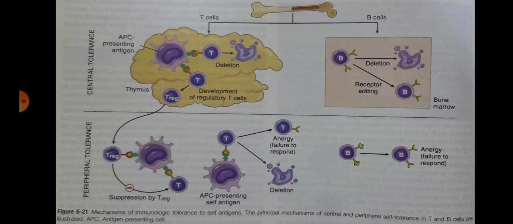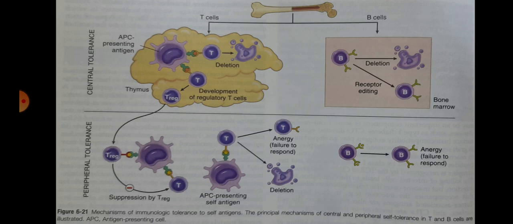A wide variety of autologous protein antigens, including antigens thought to be restricted to peripheral tissues, are processed and presented by thymic antigen presenting cells in association with self MHC molecules and can therefore be recognized by potentially self-reactive T cells.